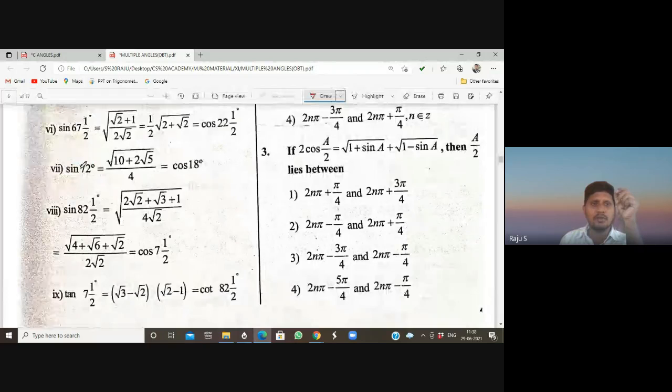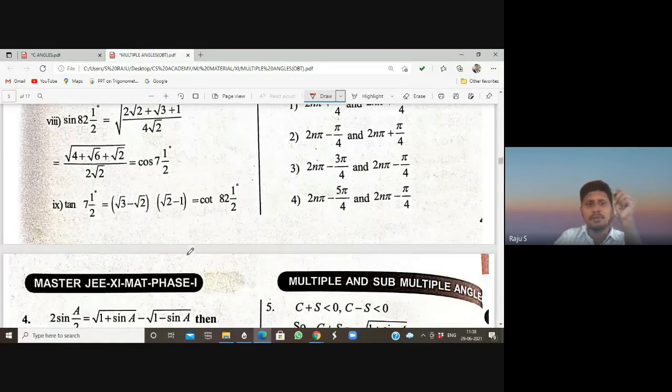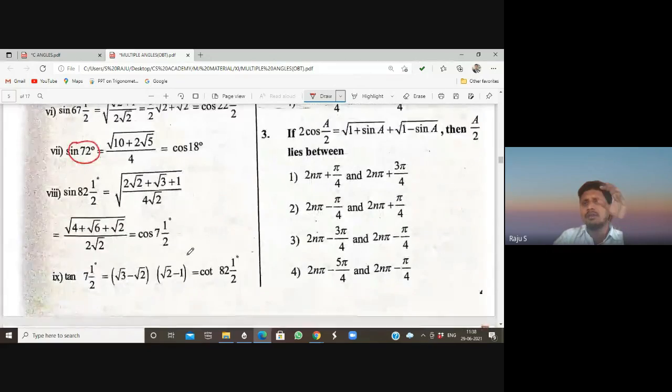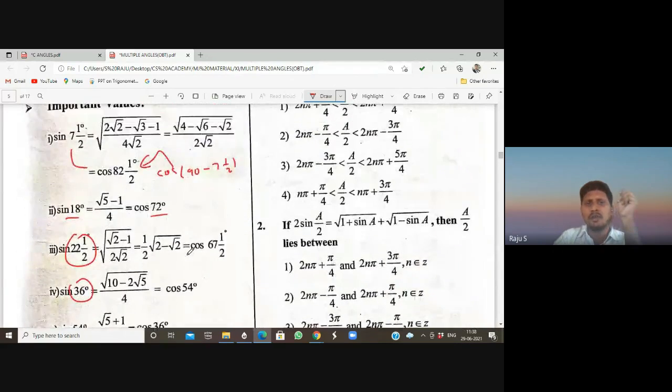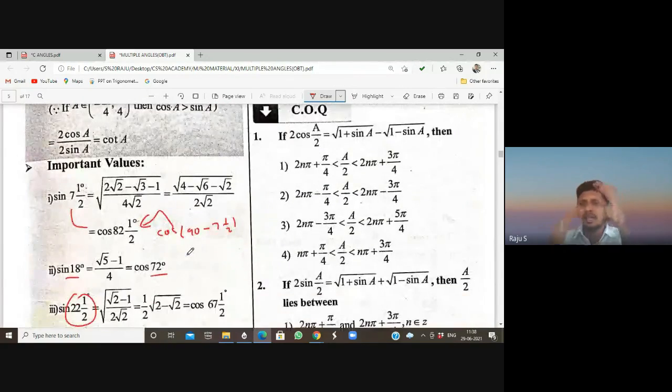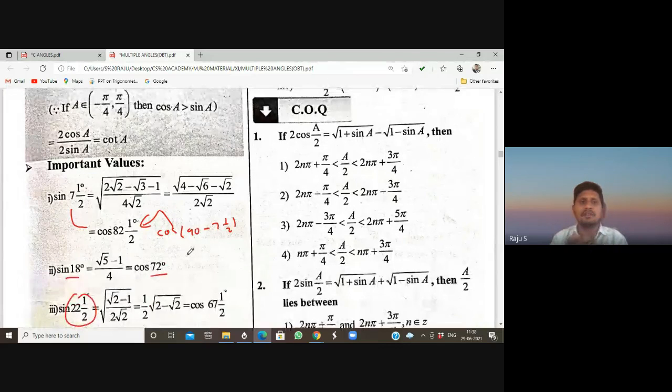Anyhow, especially how to remember 72 and 36 and 18. Okay, for JEE Advanced purpose, everything we require, but sometimes it is difficult to remember. Am I right? You can try daily 5 minutes. Once daily 5 minutes, you can observe all these values. Definitely within 1 week, you can easily remember all these values.